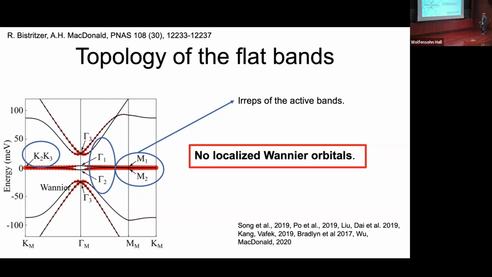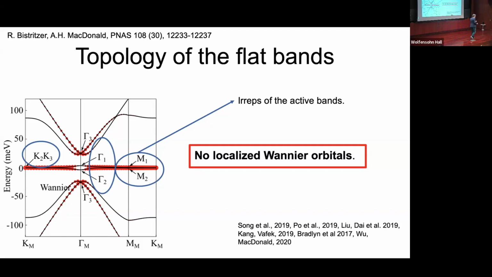Okay, so what do we want to do? Well, what we would like to do, as was asked previously, is to understand really how much of these bands, which are flat, you can localize. Why? Because if I have localized orbitals, these will carry the Coulomb interaction.